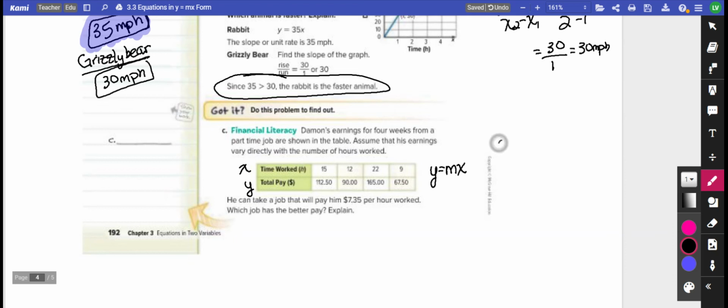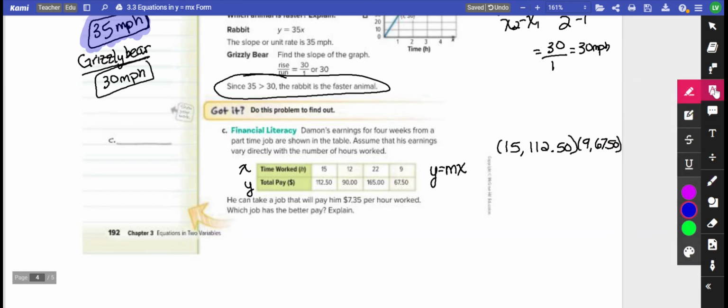So I'm going to have the ordered pair 15 comma 112.50, and I'm also going to take the ordered pair of, let's go with 9 comma 67.50. Again, you can choose whatever values you want.